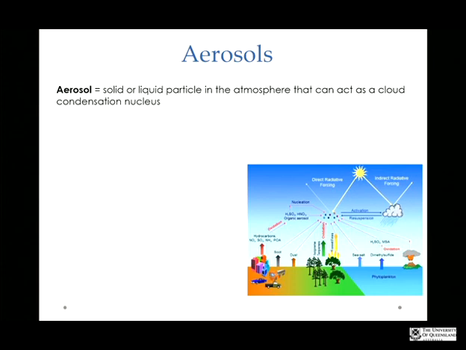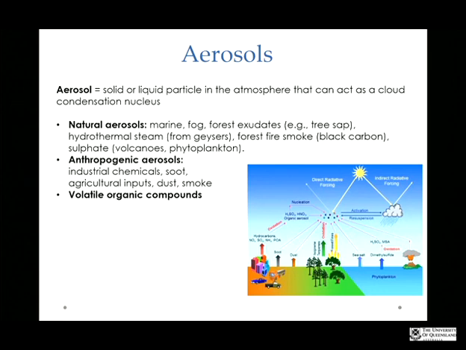Okay, so the other key thing then, we've got our biophysical feedbacks, is what's going into the atmosphere that can form cloud nuclei, because clouds are very important coolers of the Earth's atmosphere. So an aerosol is anything that is in the atmosphere that can act as a cloud condensation nucleus. We have a bunch of natural aerosols, so that can be things like sea salt, particles from forest trees and things like that, steam, smoke, sulfates, explosions from volcanoes and stuff.